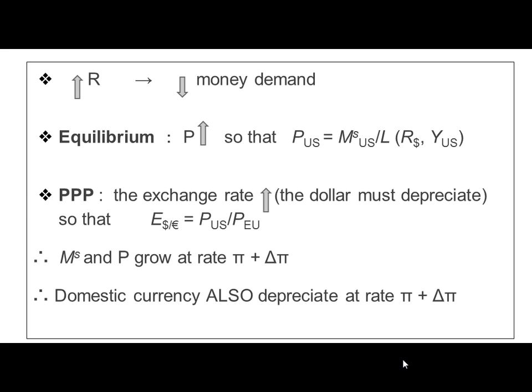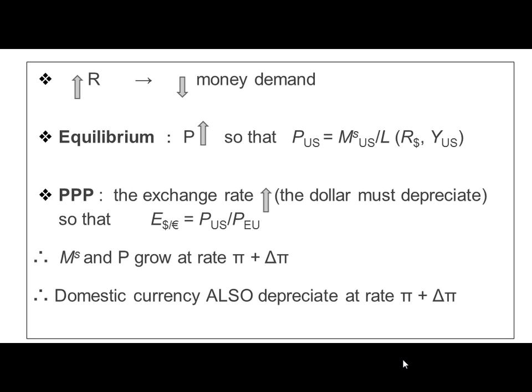So I'll summarize that in the next slide. The increase in nominal interest rates will decrease the money demand. Under equilibrium, because there's a sudden immediate decrease in money demand whilst there's a gradual increase in the money supply, there is excess money supply. And under equilibrium, the prices will jump up so that the US price level will equal the money demand and the money supply.